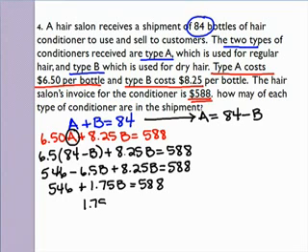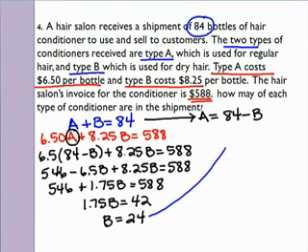So 1.75B, move the 546 to the other side by subtraction, equals 42. So B is equal to 24. Okay, then just plug it in to this one up here. So A is equal to 84 minus 24. So A is equal to 60.